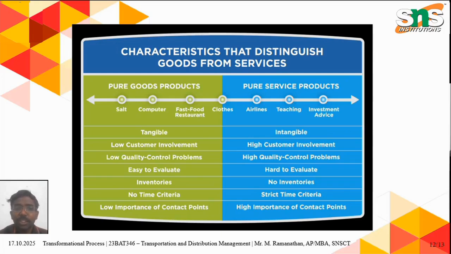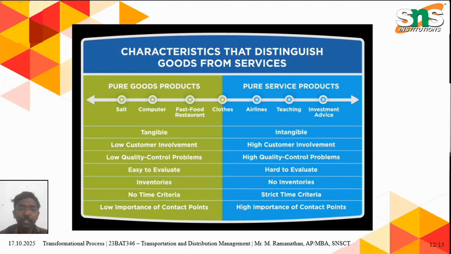A few characteristics of goods and services we are going to see. Goods are always tangible, while services are always intangible in nature. There is low customer involvement in goods and high customer involvement in services, because human power or skilled assistance is high in services. Goods have low quality control problems, while services have high quality control problems. Products can be easily evaluated, while services are hard to evaluate.